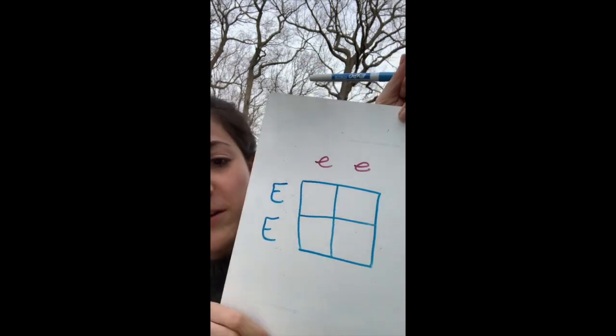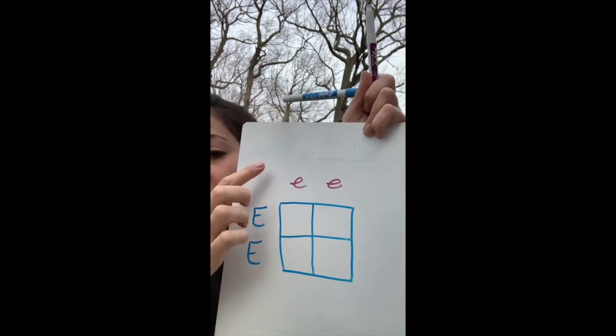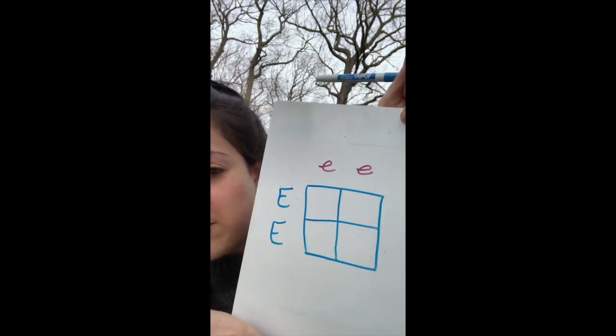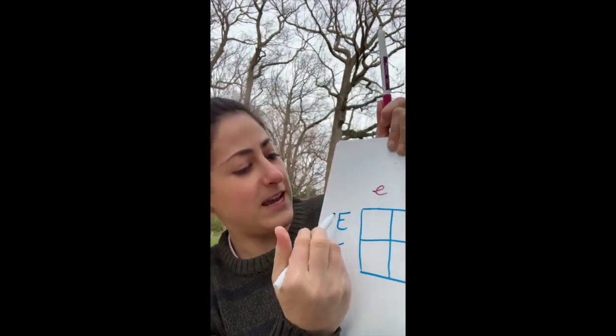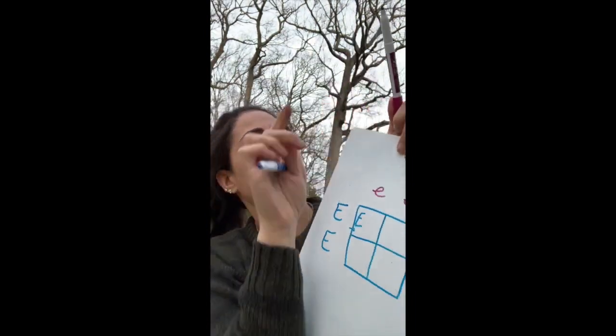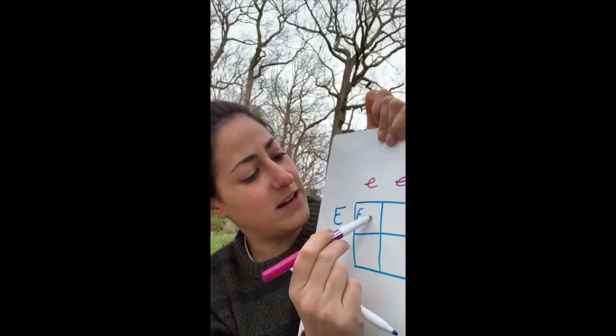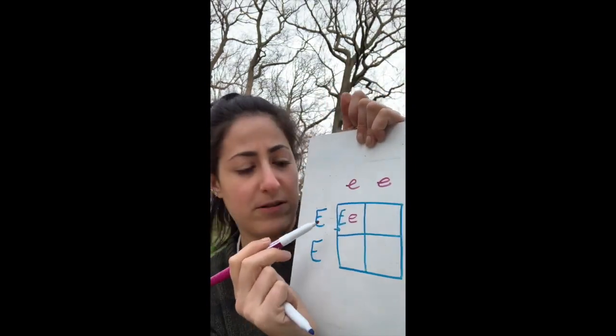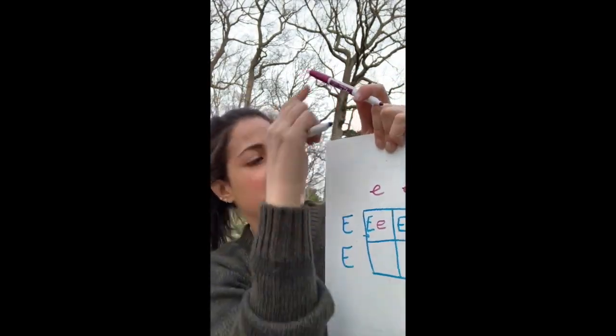Okay, for this one, I'm going to cross a homozygous dominant with a homozygous recessive, and we're going to see what happens. So, same old box method as before. If we take this E here, bring it right into this little box, this recessive E on top, we end up heterozygous. This E that's dominant into this box, that came from there, straight across.